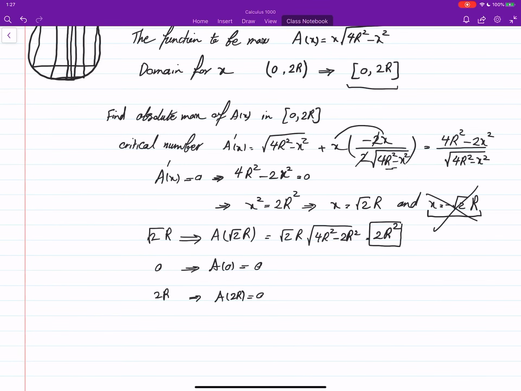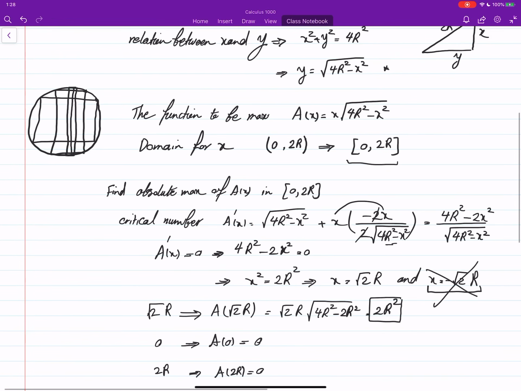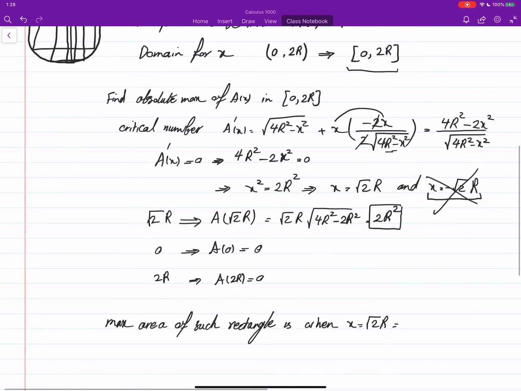So the max area of such a rectangle is when the width is root 2 r, and actually if you plug it in here, you notice that that will give you also y equals the same thing.